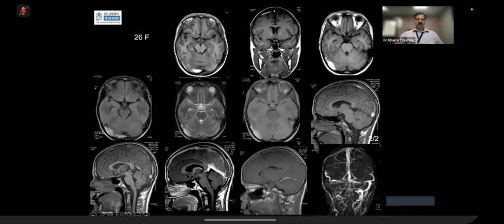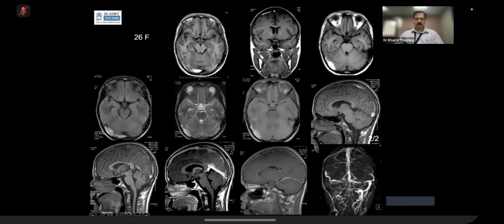This is MR, a classical case, easy case, where we can see that the transverse sinus has got high density, as in blood. You can see it on this sagittal or parasagittal also, and you can see it as a filling defect on this post-contrast.